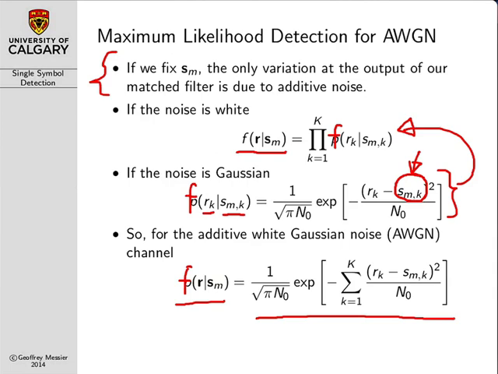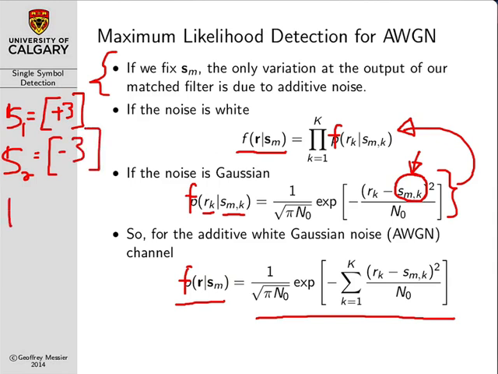Well, let's consider a simple example. Let's consider a binary PAM case where our first signal vector, S1, is equal to, let's say, +3, and our second signal vector, S2, is equal to -3.